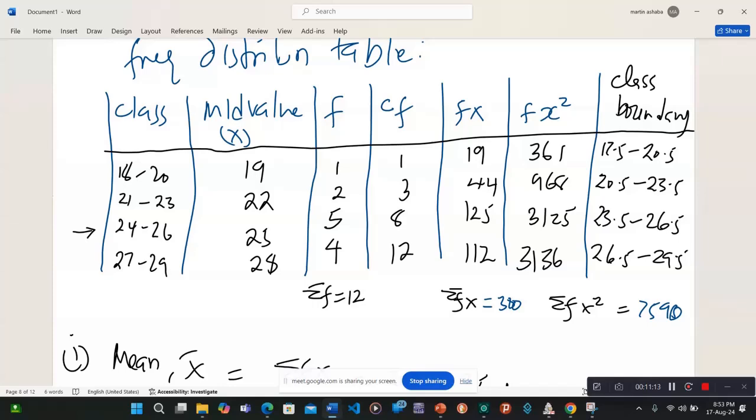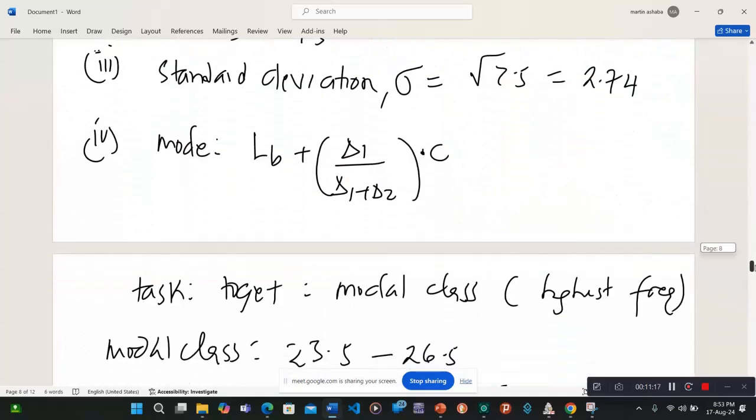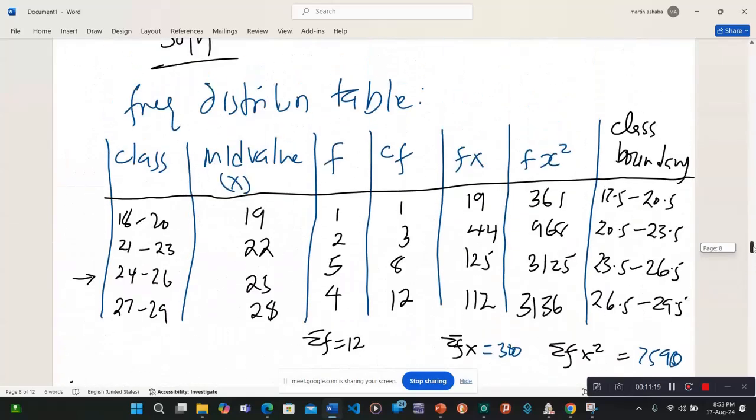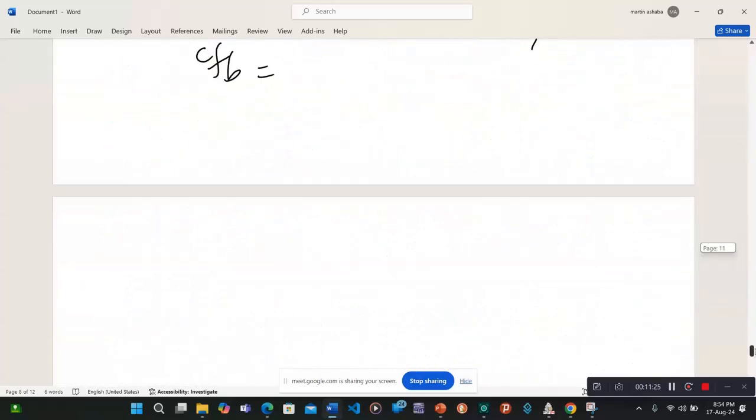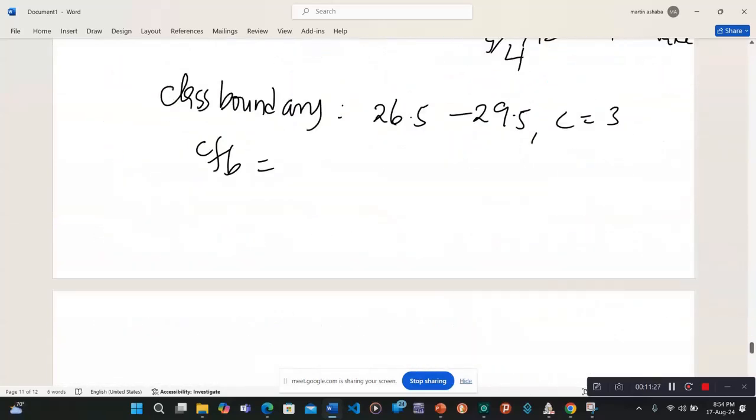So we are saying the frequency is 4 and the cumulative frequency before is 8. So let's substitute here: 8, and the frequency of the third quartile class is equal to 4.